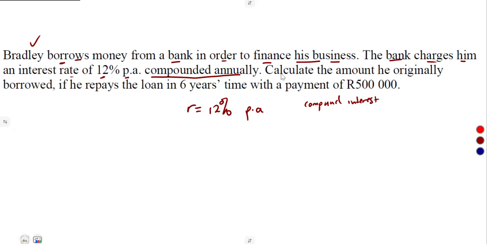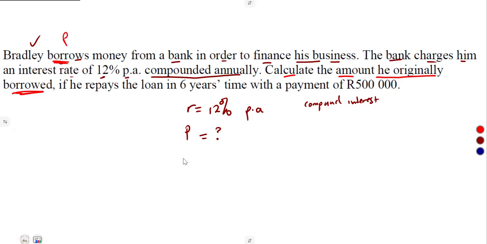And we have got: calculate the amount he originally borrowed, since we are told that he borrows. So what is that amount that he borrowed? The money that you borrow is what? Principal, initial amount. So it is the principal that you must determine. You do not know that.